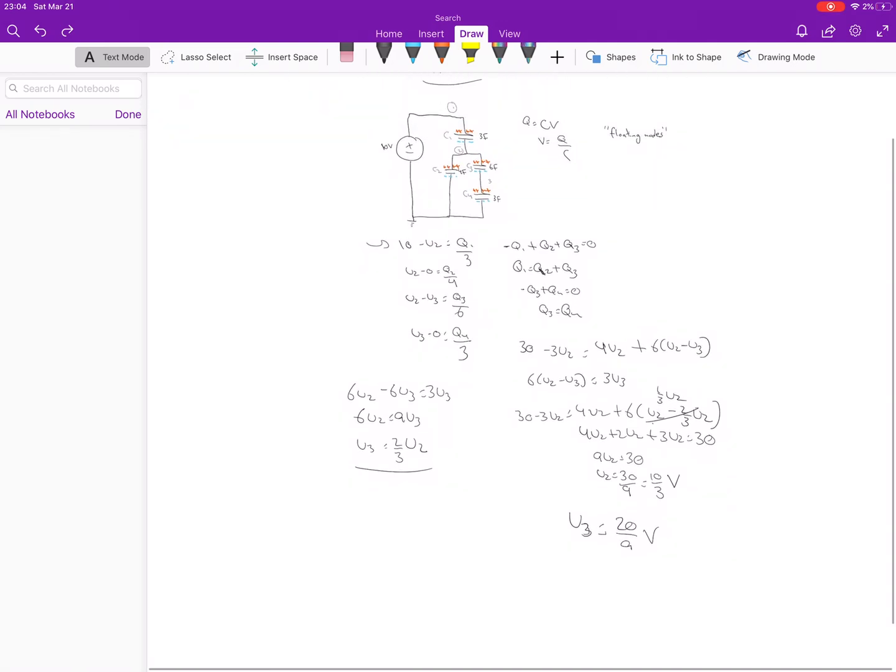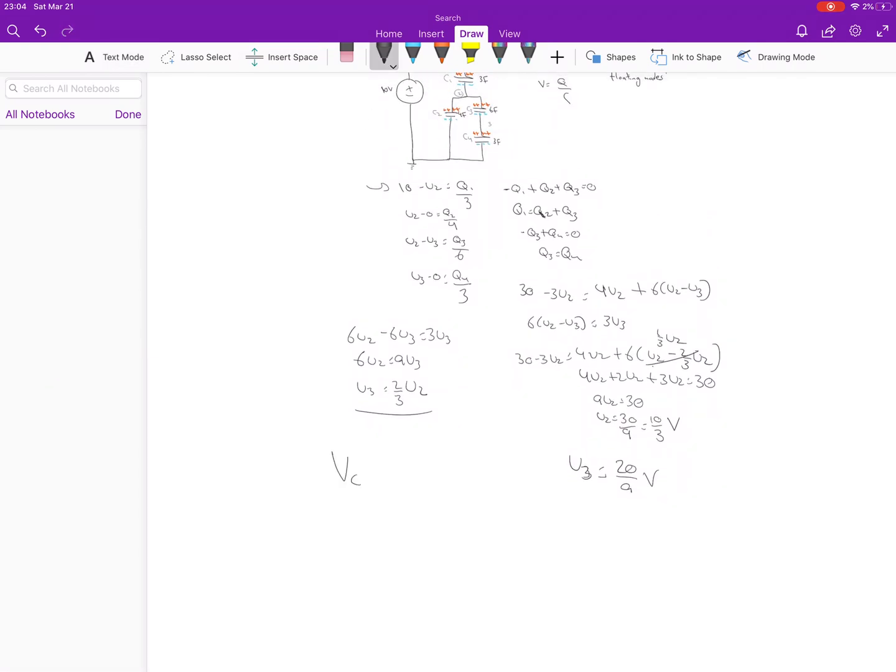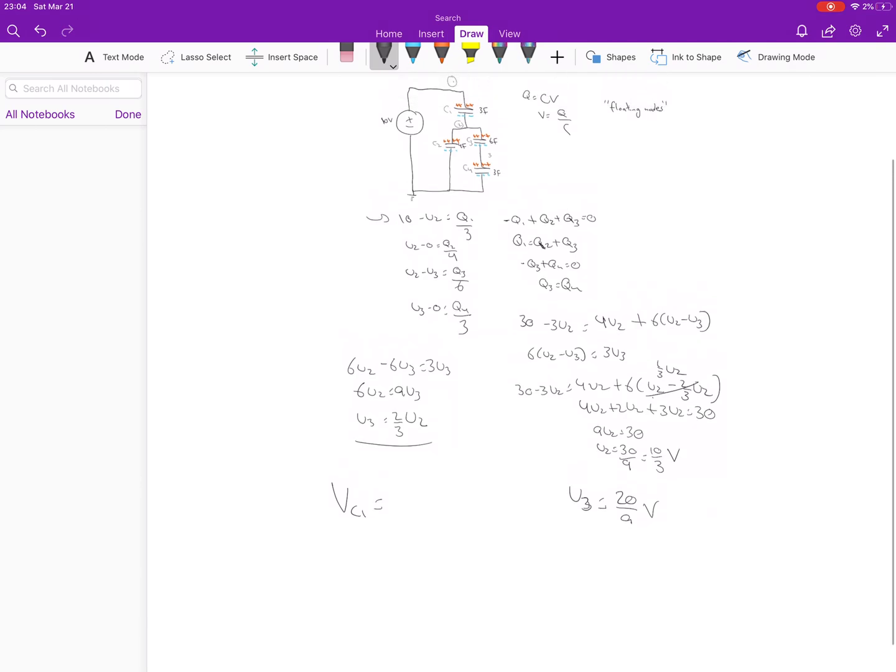So like we had said, VC1 is equal to U1 minus U2. VC2 is just equal to U2, VC3 is equal to U2 minus U3, and VC4 is equal to U3.